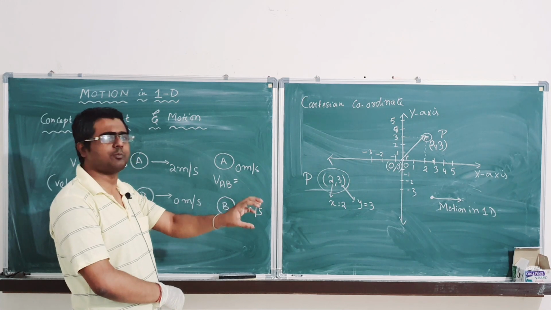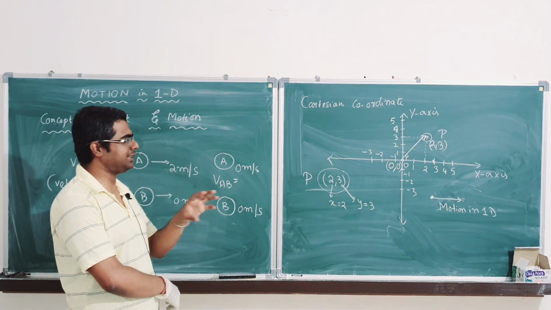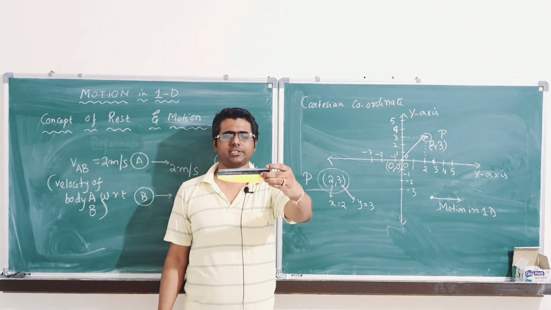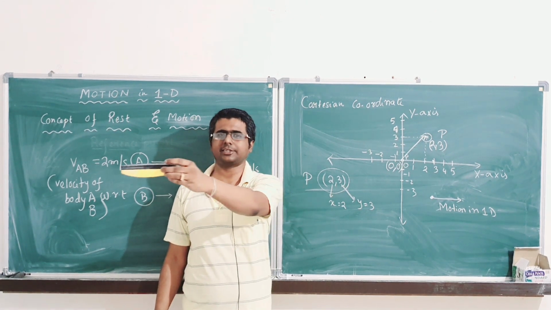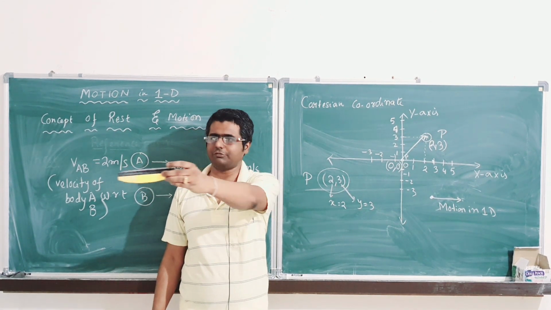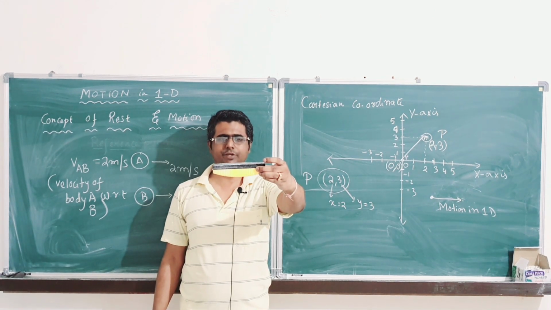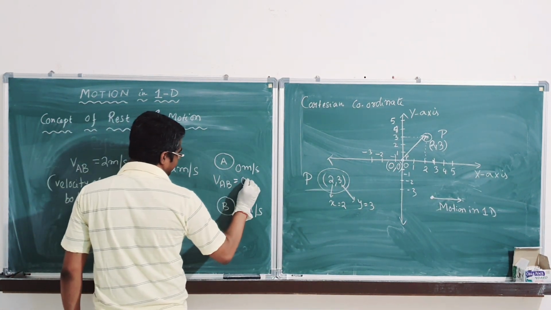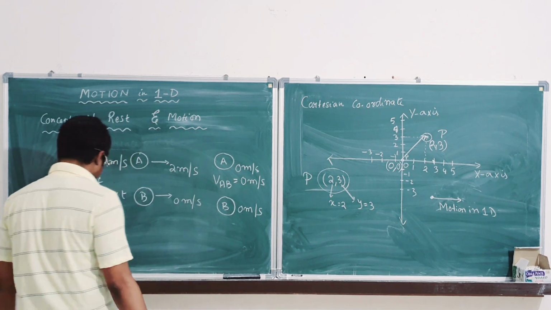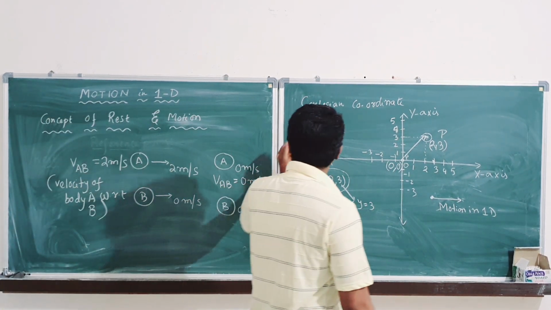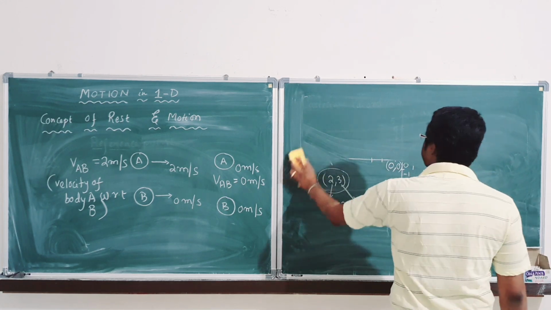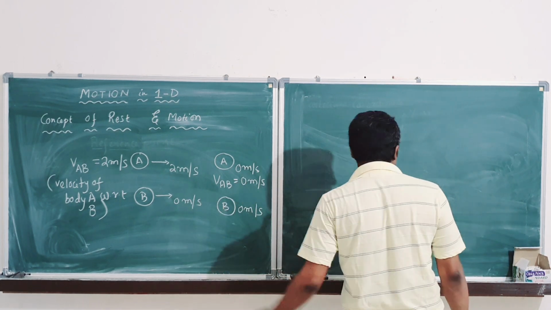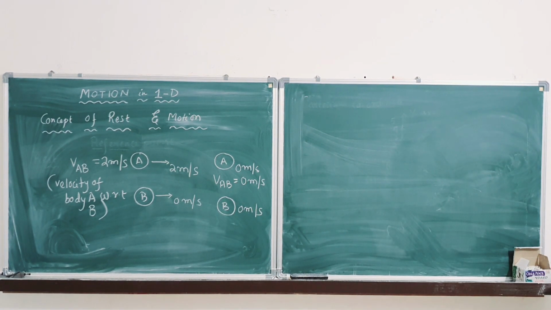Previously A was moving at 2 meter per second, so I could see its velocity, but now I see the velocity of A is 0. So VAB at this point is 0 meter per second. Clear guys? At this moment we are considering B as surroundings, nothing else.